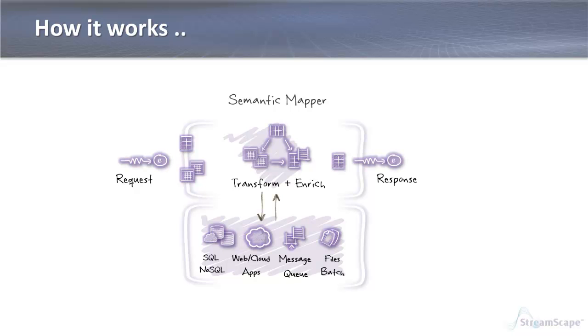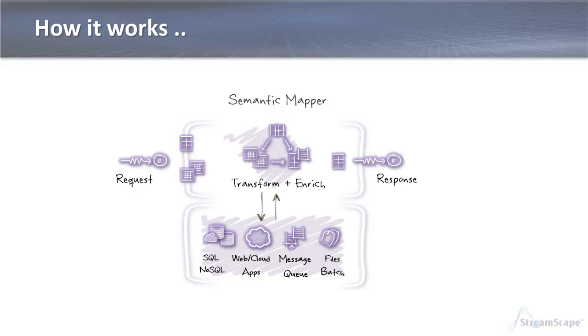Your request comprised of one or more objects can be sent into the mapper. The mapper then uses the rules that are part of it to transform, enrich, and potentially perform I/O on the data that you supply. The result is a response object, and then that response object can be used to feed further downstream systems or be a result in a REST call.